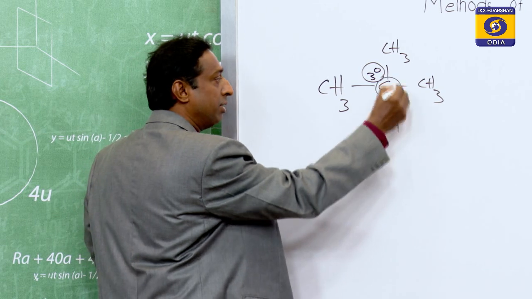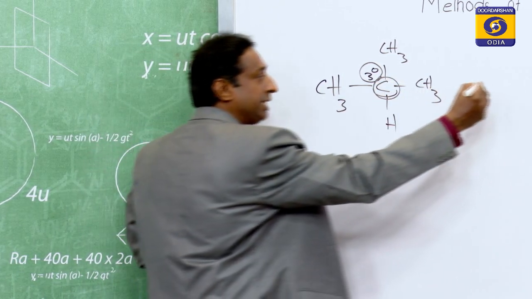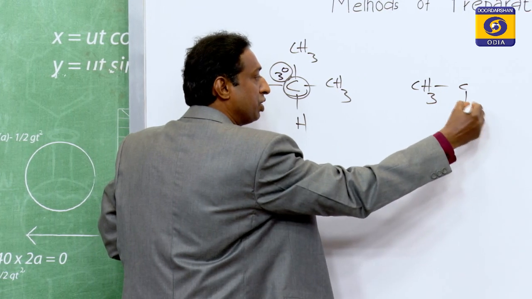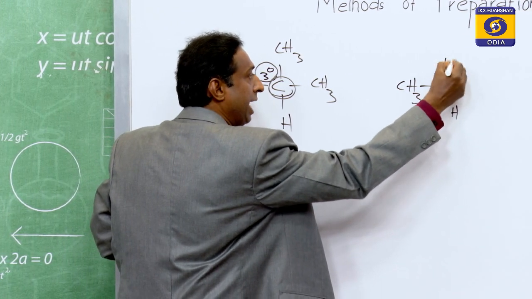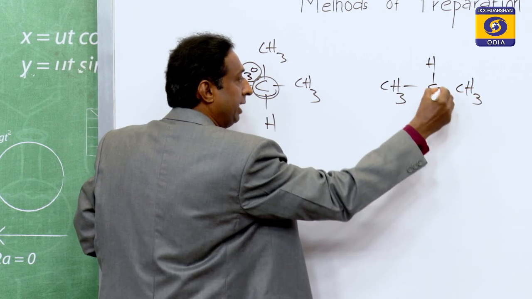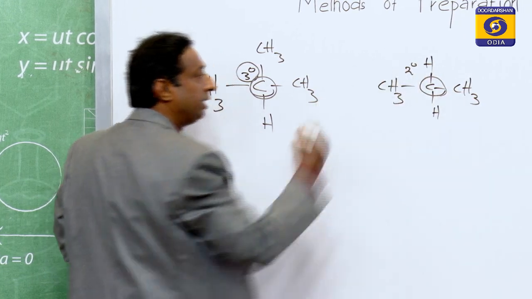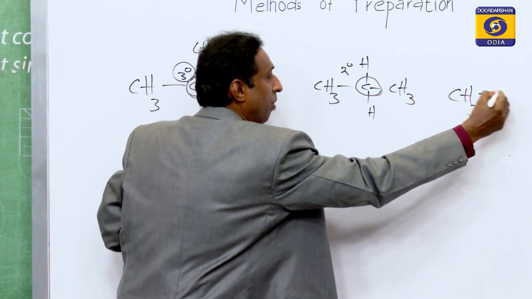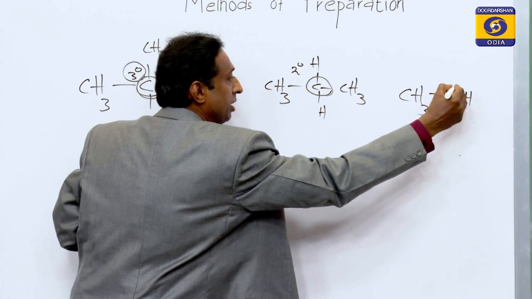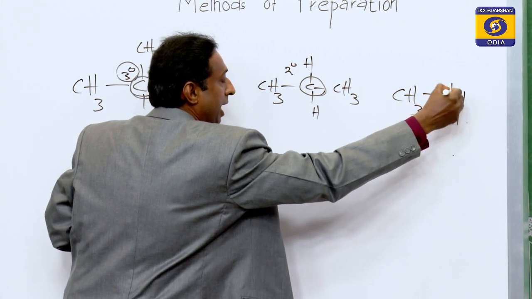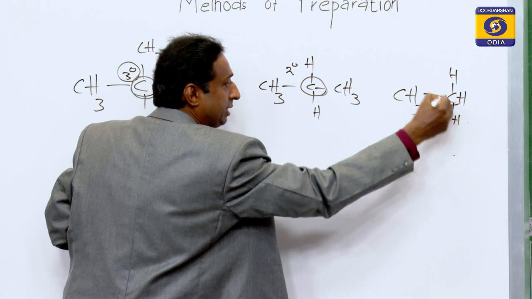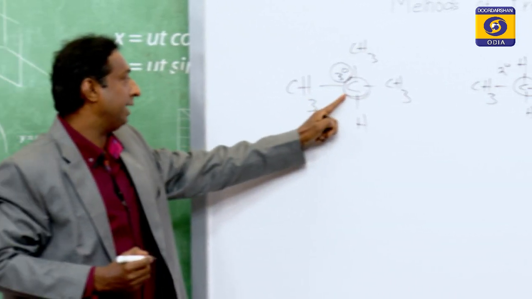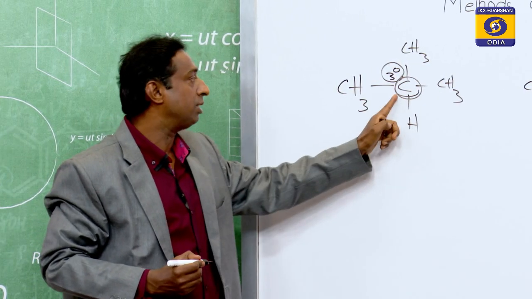This is 2 degree: CH3 single bond CH, single bond CH and single bond CH3. This carbon is 2 degree carbon, and similarly CH3 single bond CH2 single bond H, this carbon is called 1 degree carbon. Means a carbon attached to 3 carbons is called 3 degree.